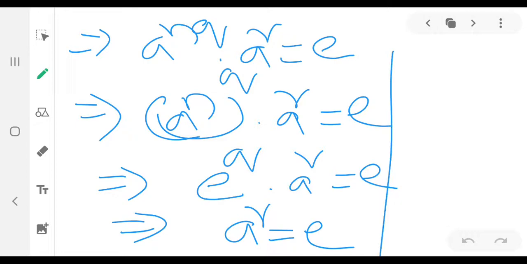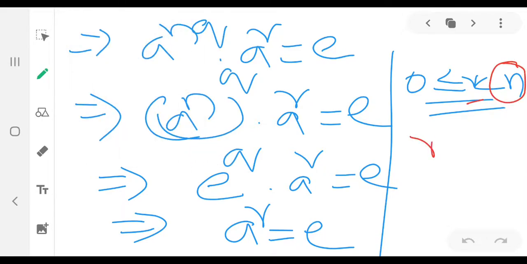Where the condition on r is 0 less than or equal to r less than n. So we get a positive power of a, smaller than n, for which a raised to r is equal to e, where r is a positive integer less than n. But that assumption is wrong, because what did we assume? n is the smallest positive integer.